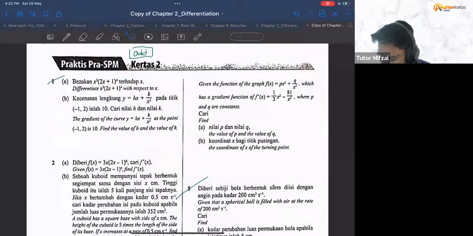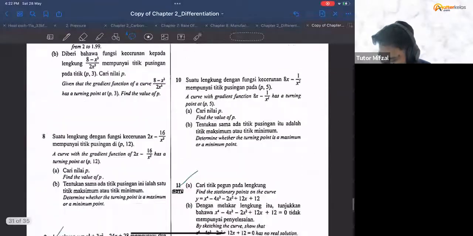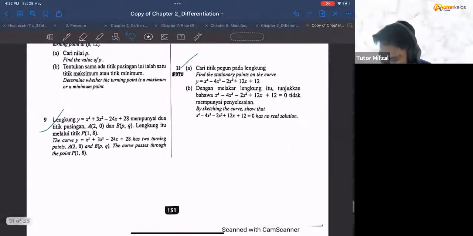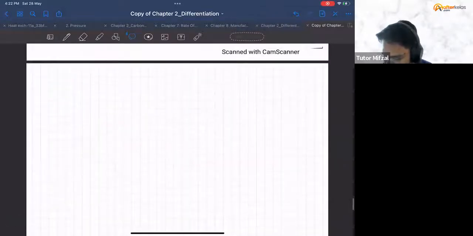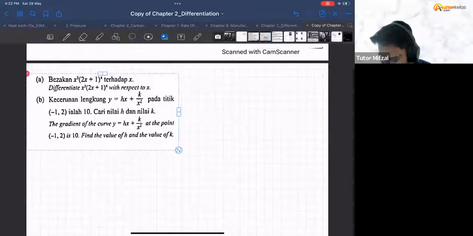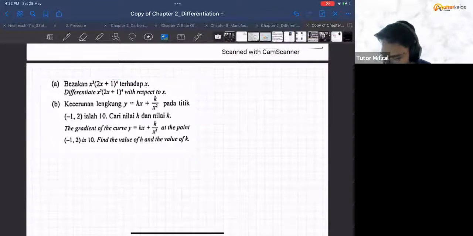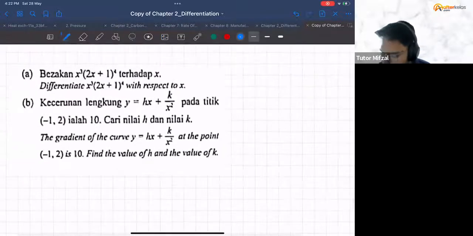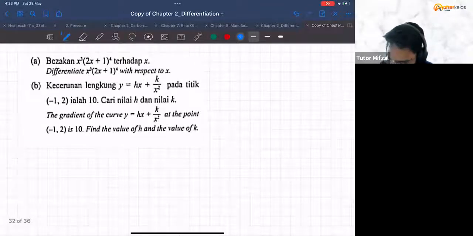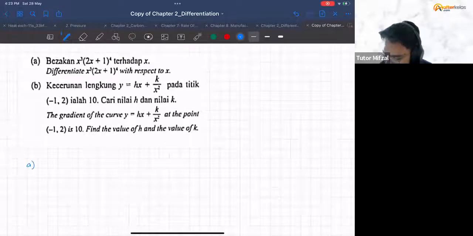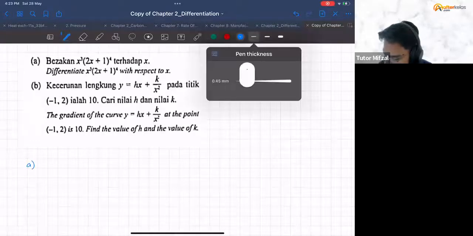We will put it on a different paper so that we have ample space for us to write down. Differentiate x cubed times 2x plus 1 to the power of 4.